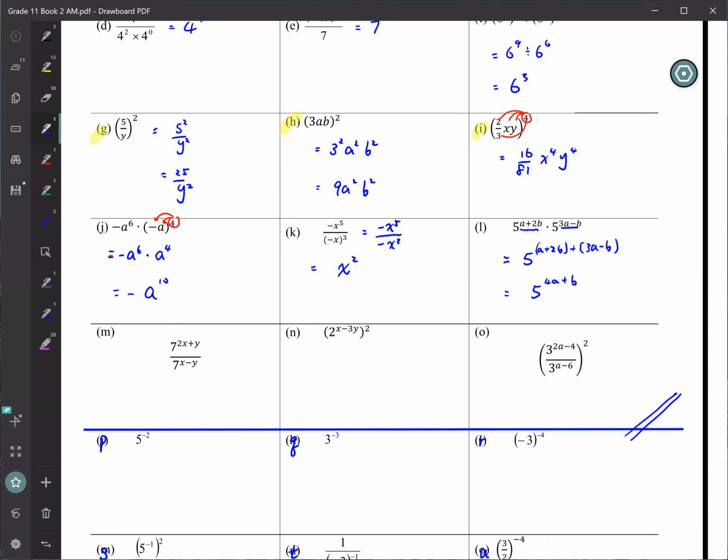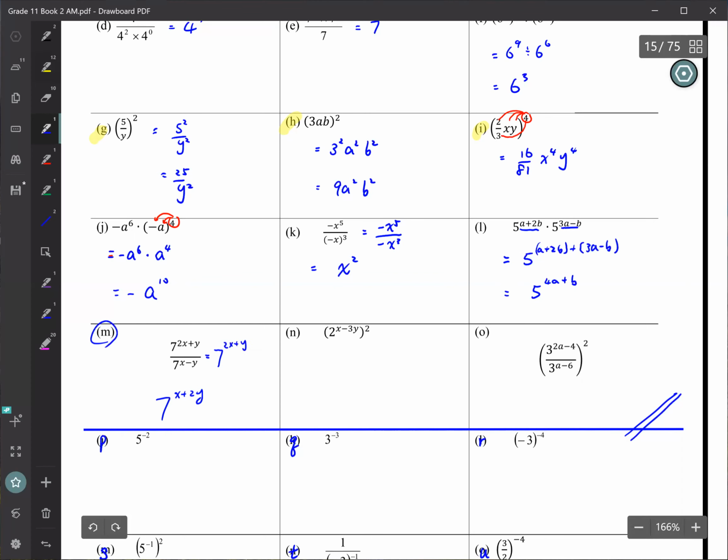Question M. Colin. 7 to the power of x plus 2y. x plus 2y. Okay. So this one, right, because you need to subtract, but the common mistake is forgetting to put brackets.